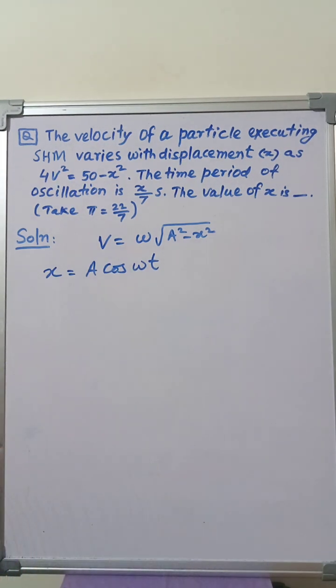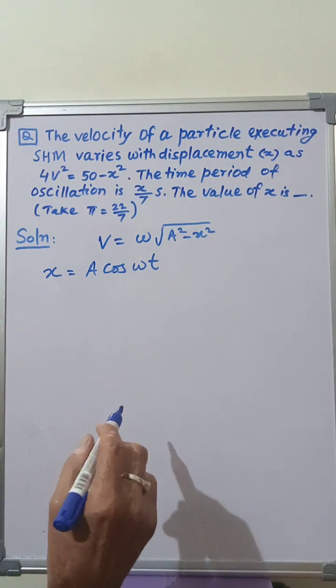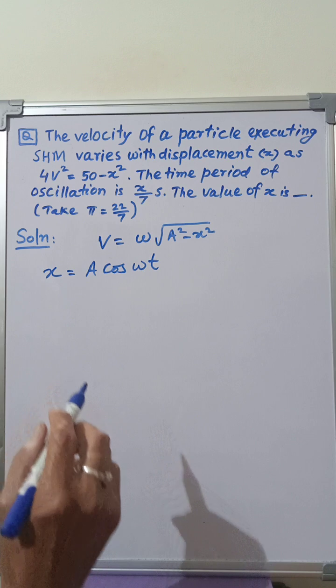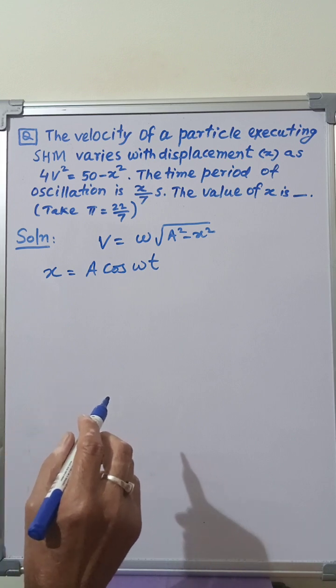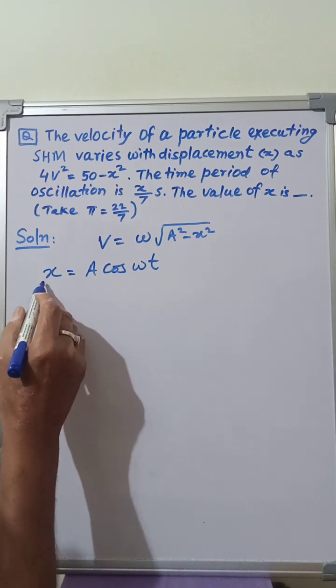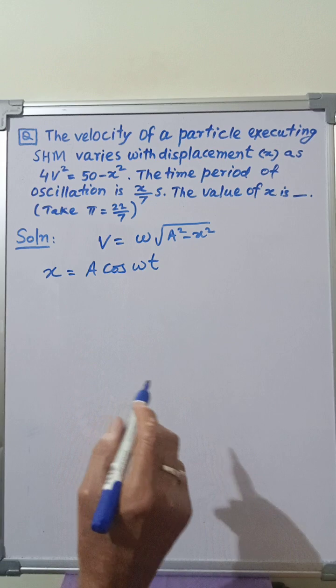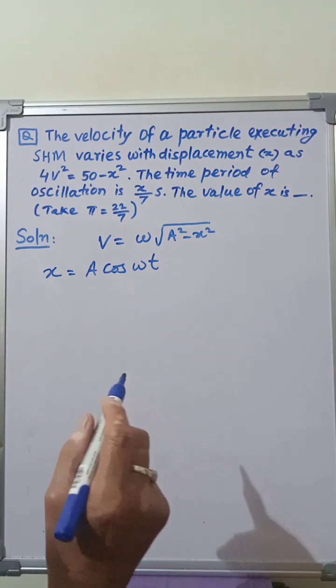The equation of SHM is given by x is equal to a cos omega t. We have deliberately not used the phase constant, assuming that the particle's displacement x is equal to a when the time t is equal to 0.